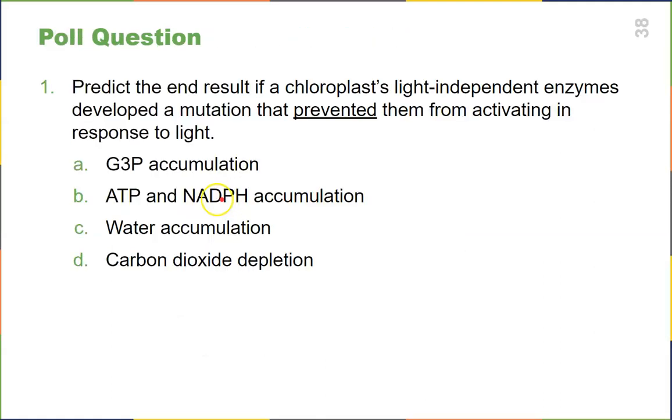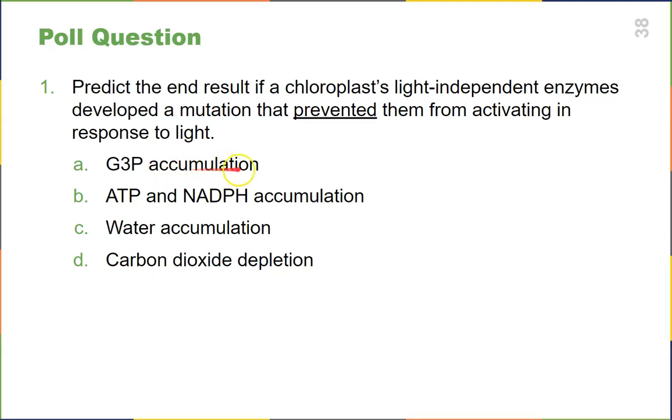We would not have G3P accumulation, so that would be in the Calvin cycle. That would be like a normal process. So we're trying to make G3P, right? If we have good light, good water, good carbon dioxide, then we're going to create G3P.